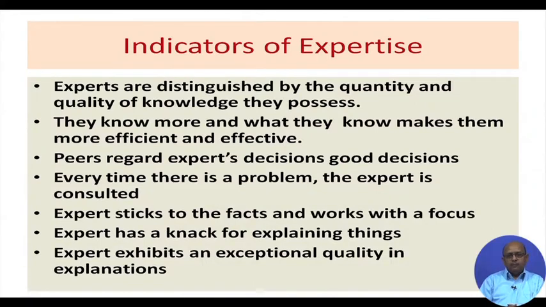So, if you have a problem, you go to an expert, right, and this expert should be well known in the field. The kind and amount of knowledge that they have should be huge, okay. And that is why it is very important to identify experts from whom you can get better knowledge.